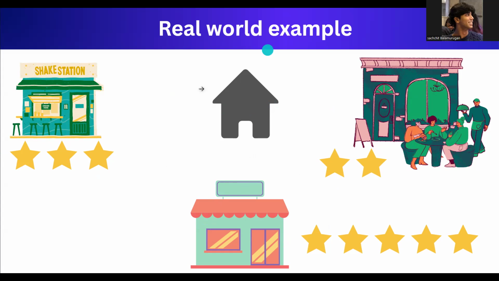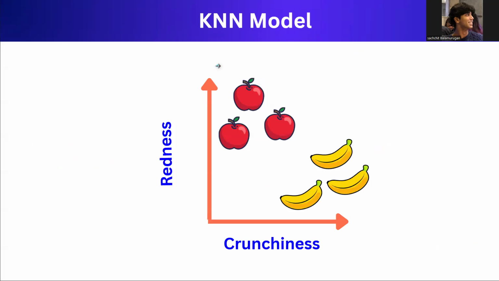How this would work is it would fit the data point that is closer to it. So they're more inclined to go to this 2-star restaurant compared to this 3-star restaurant here because it's closer in proximity to the users or the people. So how does that work with machine learning?